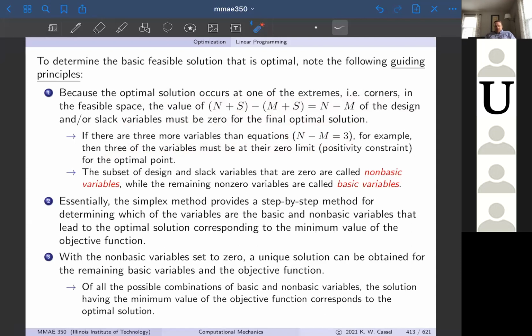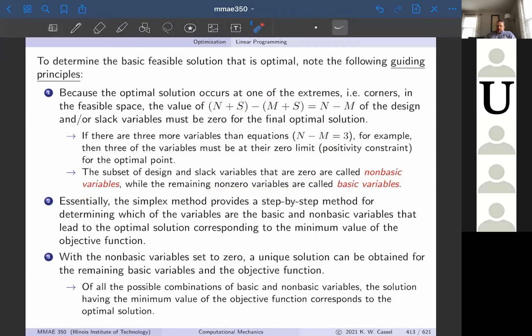And the key then is to determine which ones are which. The subset of variables that are 0, those are called the non-basic variables. The remaining non-zero variables are called the basic variables. This is confusing because you think non is non-zero, but sorry, 0 is non, and non-zero is basic. So it's kind of backwards from what you think just from the terminology.